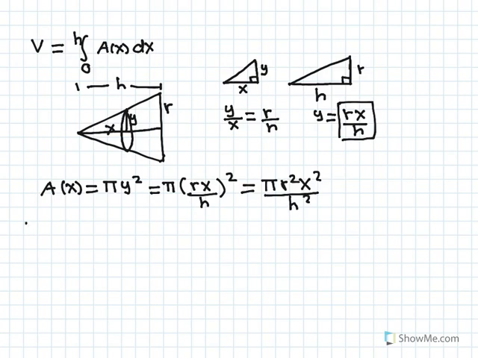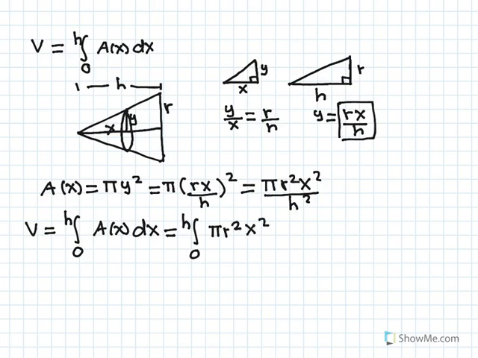So now the volume is the integral from 0 to h of A(x) dx, and we have the cross-sectional area as a function of x. That's the integral of pi r squared x squared over h squared dx.